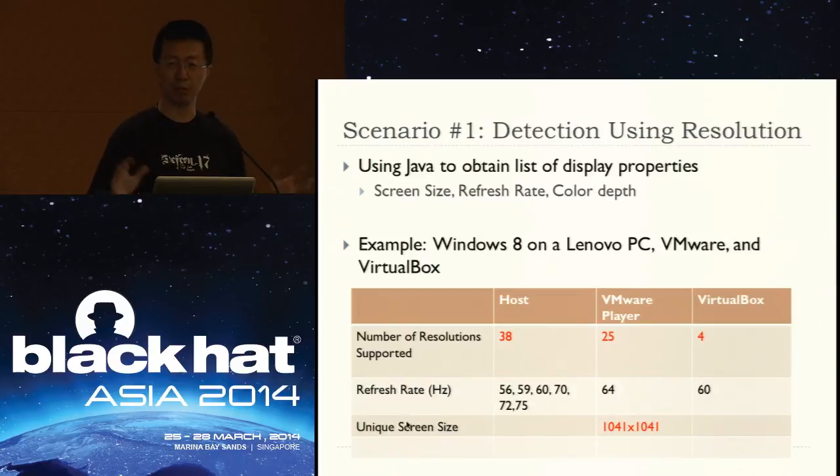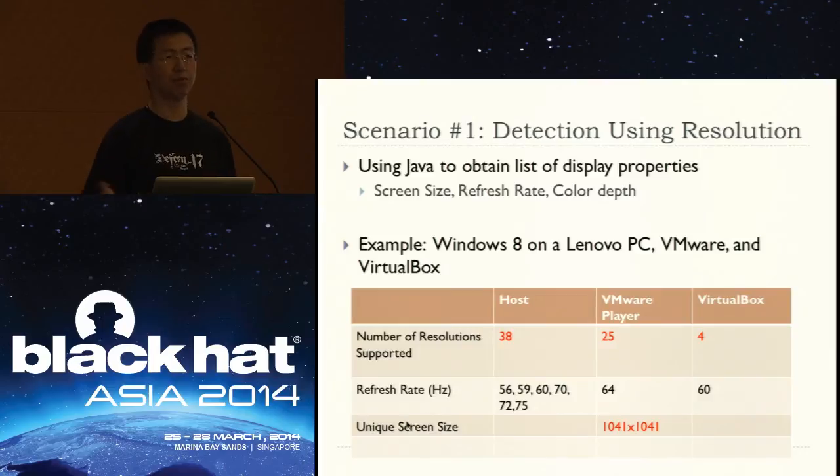Java is supposed to do this protection, isolating the physical information from the applet or the Java program, but it does actually fetch this information from the X server. So it means you have to have a display server running at the back end, then you run Java, then we're able to grab all the possible displays supported by the lower level host.